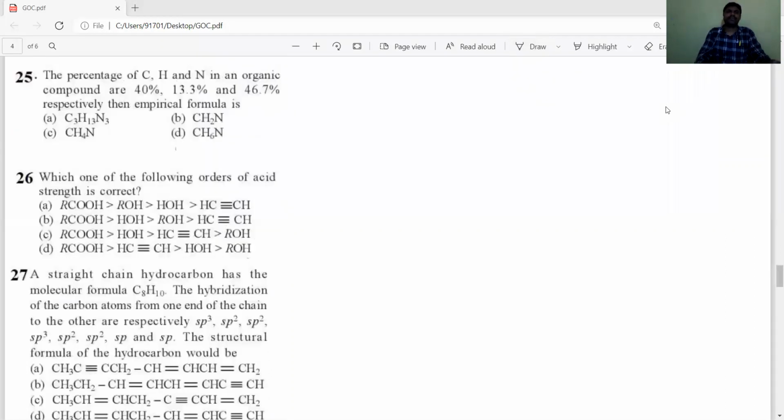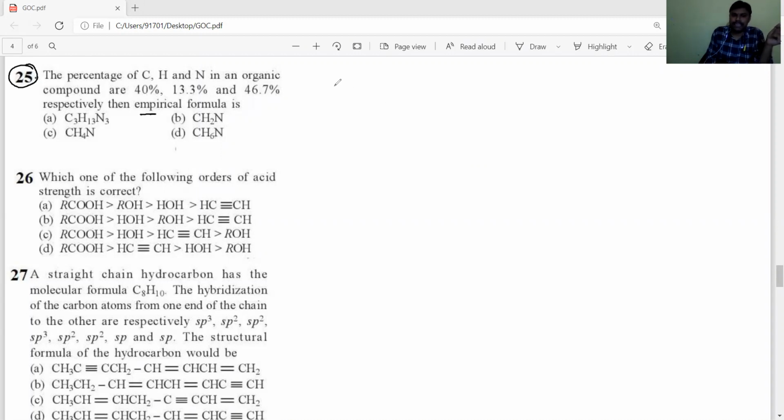Calculations of empirical formulas and molecular formulas. Actually, we practiced this type of concept in some basic concepts of chemistry. However, in organic chemistry, with carbon, hydrogen, and other elements like nitrogen and oxygen, they also ask about empirical formula calculations. It is very easy.